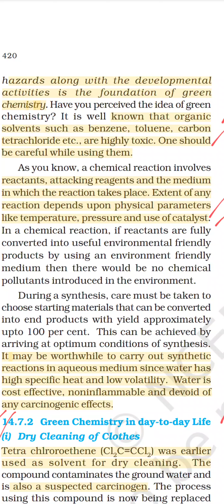In a chemical reaction, if reactants are fully converted into useful environment friendly products by using an environment friendly medium, then there would be no chemical pollutants introduced in the environment.